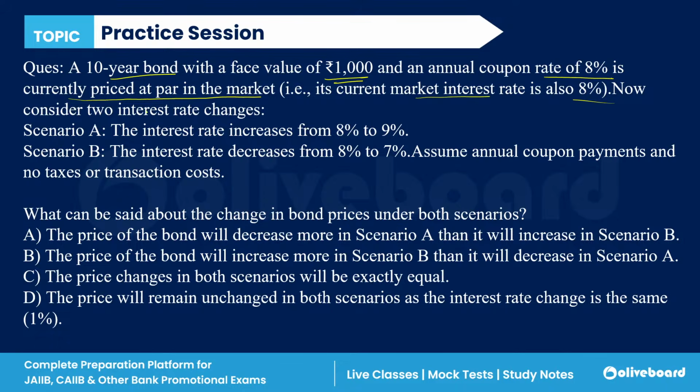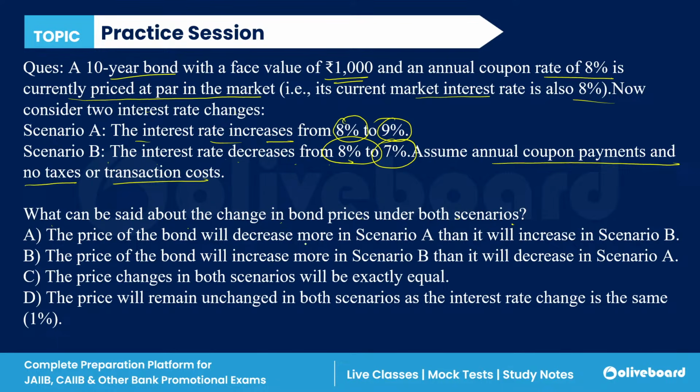Now consider the two interest rate changes. In scenario A, the interest rate increases from 8% to 9%. In scenario B, the interest rate decreases from 8% to 7%. Assume annual coupon payments and no taxes or transaction cost. What can be said about the changes in the bond price under both scenarios?